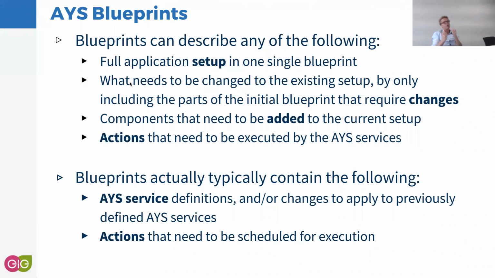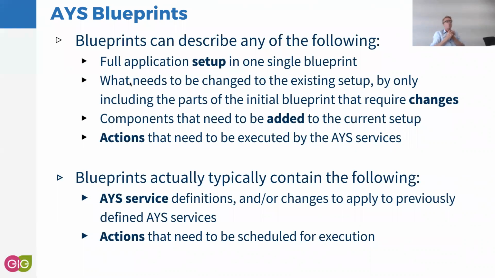We also allow you to send one single blueprint saying, I want to have an extra socket, or I want to change the location of one specific socket on a wall, through one single blueprint. And that's the changes and the additions. And then, probably the most important one, you can also specify actions.